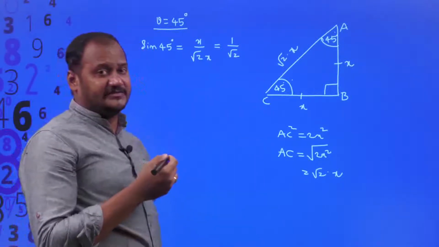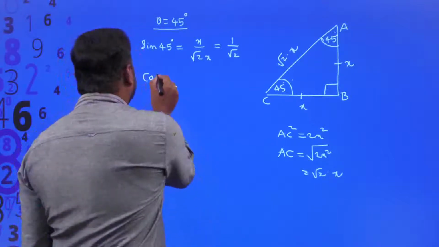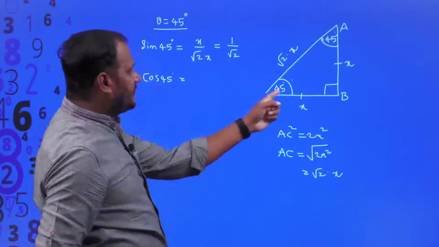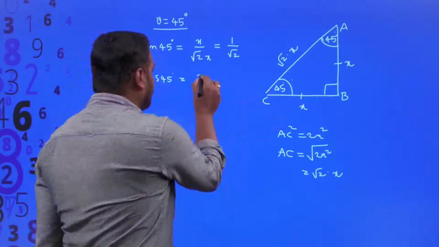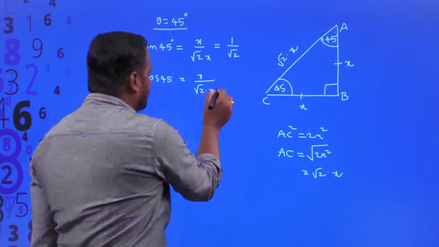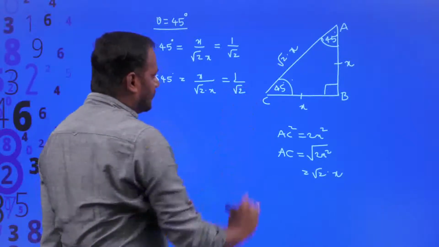This is the value of sin 45 degrees. So coming to cos 45 degrees. What is the definition of cos 45? The side adjacent to 45 divided by the hypotenuse, that is root 2 times x. Again x and x cancel, we are left with 1 divided by root 2.